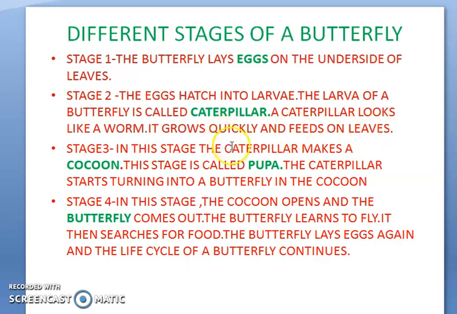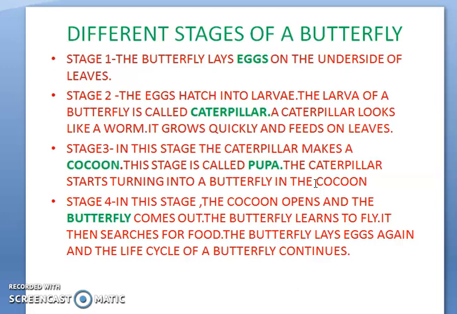After this stage, the caterpillar makes a cocoon. This stage is called pupa. The caterpillar starts turning into a butterfly in the cocoon. Inside the cocoon, the caterpillar will slowly turn into a butterfly. This is actually an inactive stage.